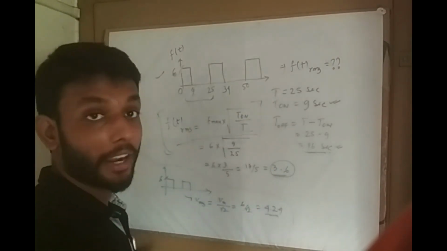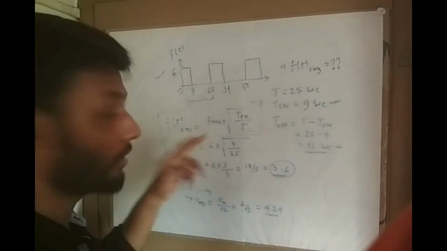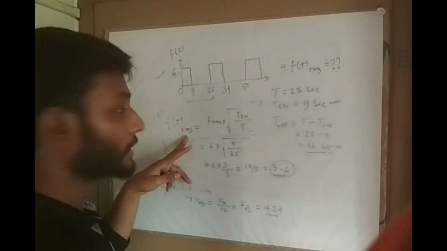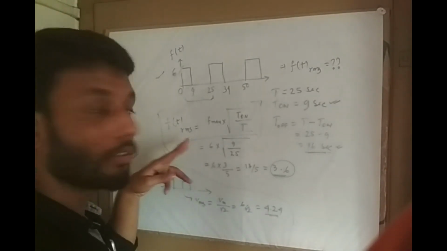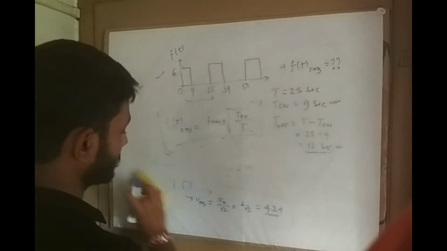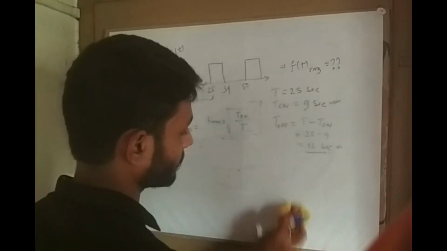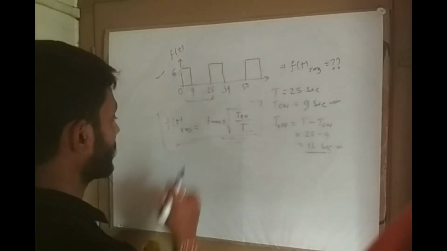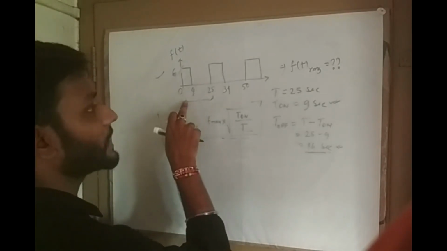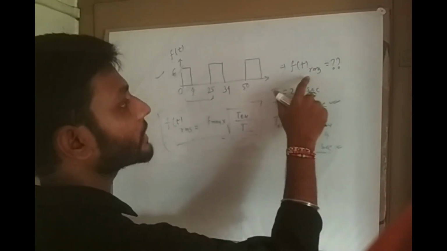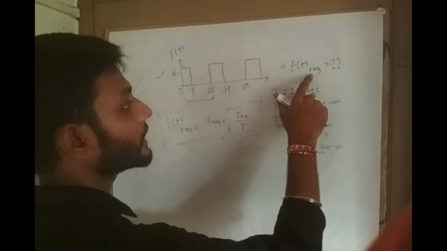Okay, and we are discussing the RMS value, but for the average value also you must know this. Suppose this type of signal is given and the question asks for the average value instead of Vrms.